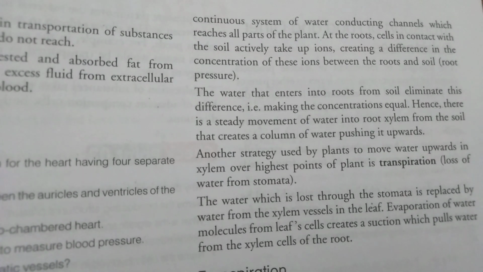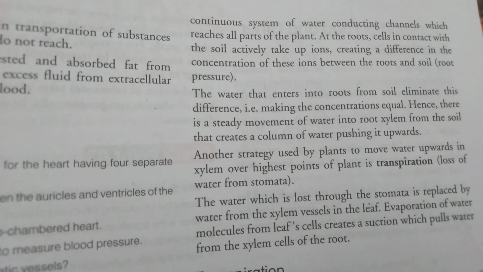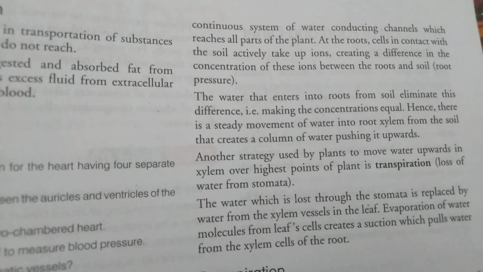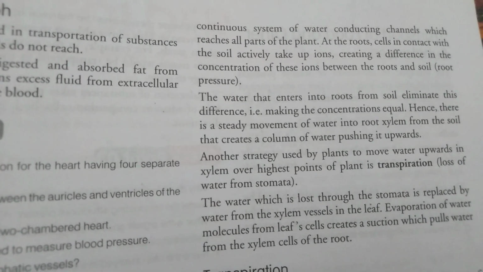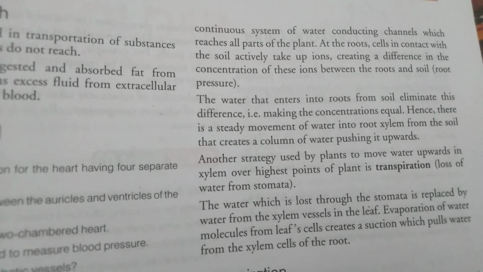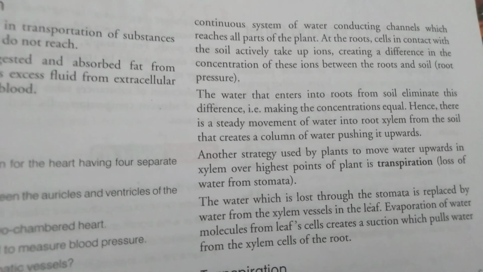That means there is a continuous pathway of water, creating a column of water that is steadily pushed upwards. Now as this water column has been created, there is a greater requirement of water.